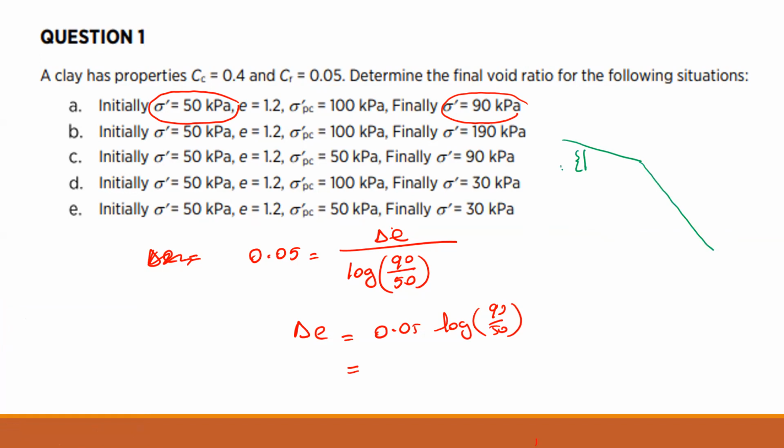So that is this amount, delta E. So you can find the final E is equals to initial E minus the delta E. When you find the final E, let me know in kilopascals. Yeah, void ratio is a ratio, so it doesn't have any units. Do you get this? You get 1.1872.